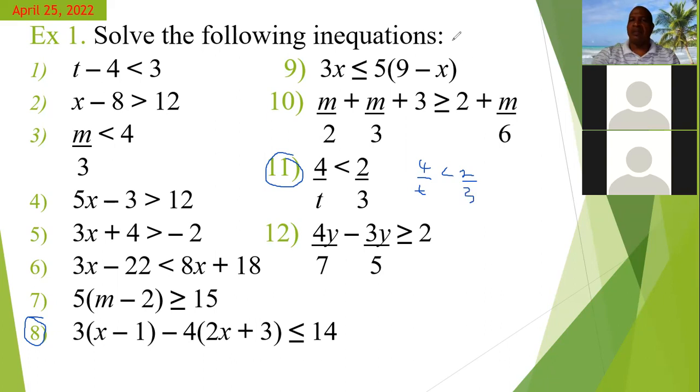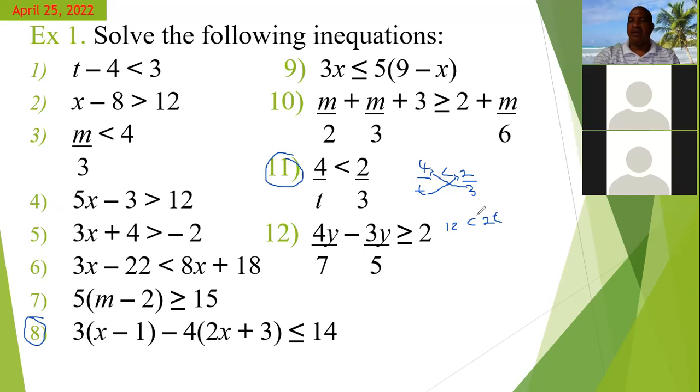What is in the denominator on the right side, we use it to multiply the numerator on the left side. And what is in the denominator on the left side, we use it to multiply the numerator on the right. So we would say 3 times 4 on the left gives you 12. And so 12 is less than or equal to 2t.